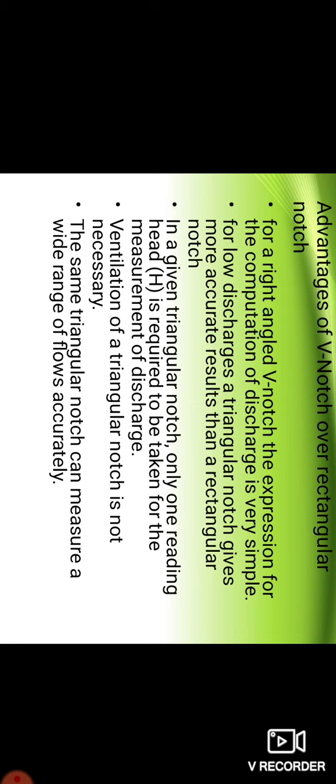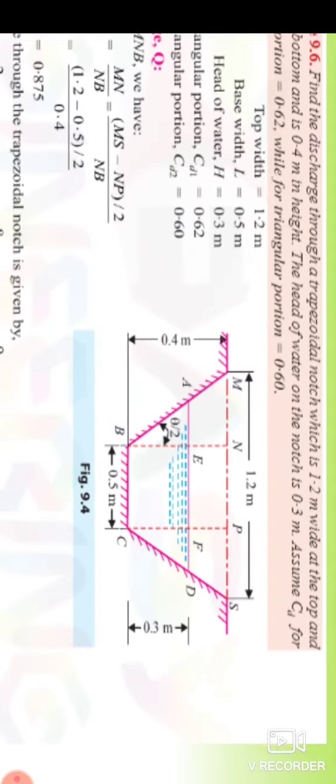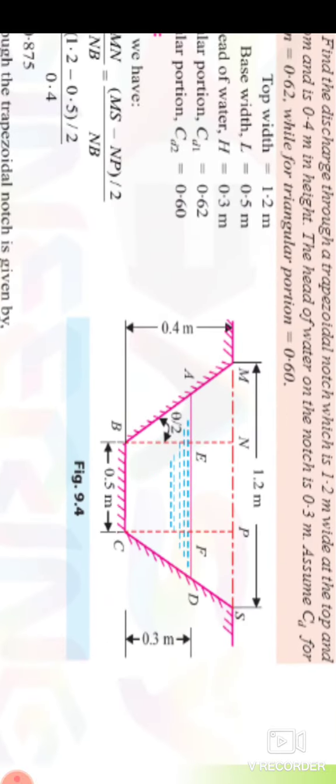The horizontal distance is MS, the total width of the trapezoidal notch, minus NP, the distance NP being the rectangular notch width, and MS being the total width of the trapezoidal notch. So it is MS minus NP, divided by 2, divided by NB.